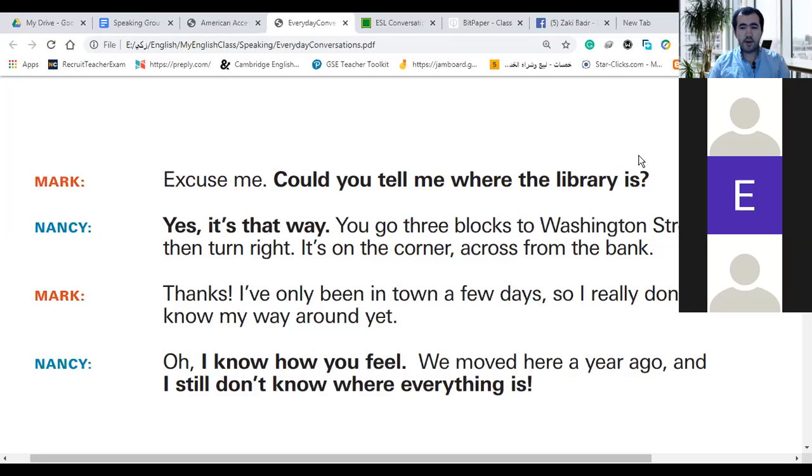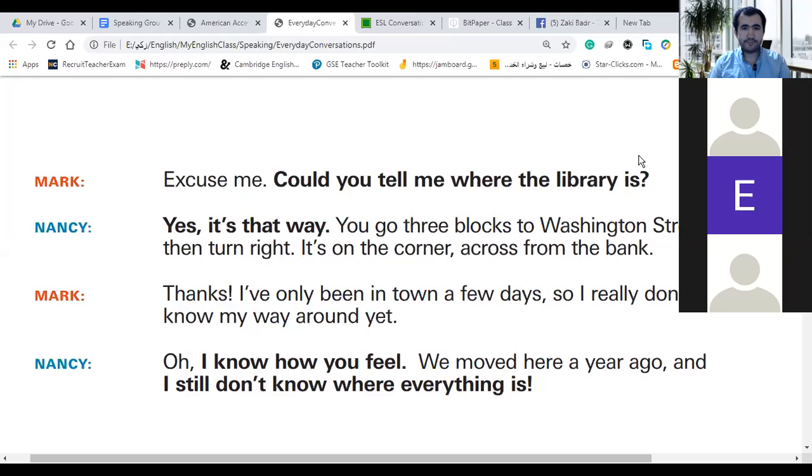Okay. How about we do the same conversation again, but Ihab is going to be Mark and Malika is going to be Nancy. Okay, go ahead. Excuse me. Could you tell me where the library is? Yes, it is that way. You go three blocks to Washington Street, then turn right.